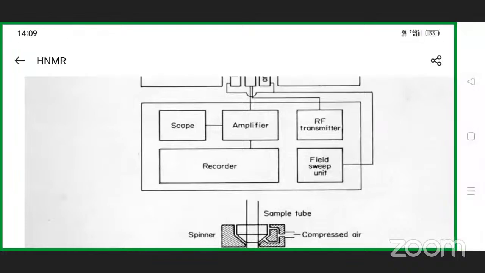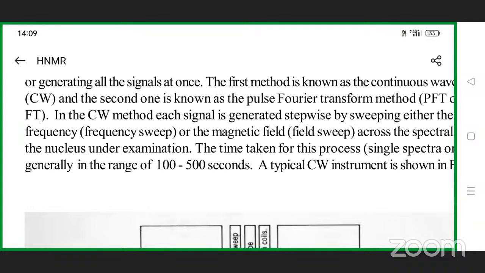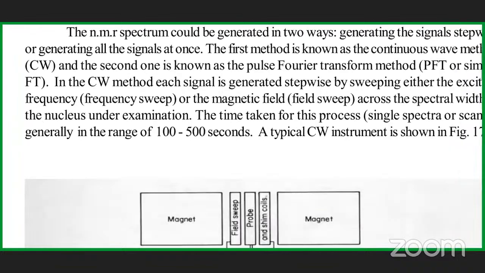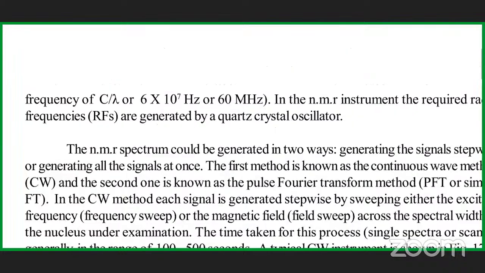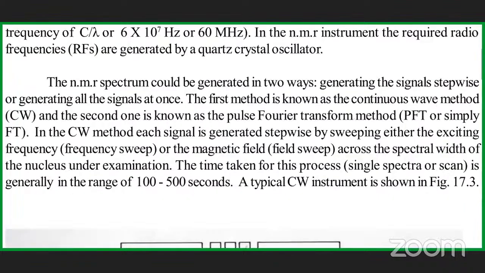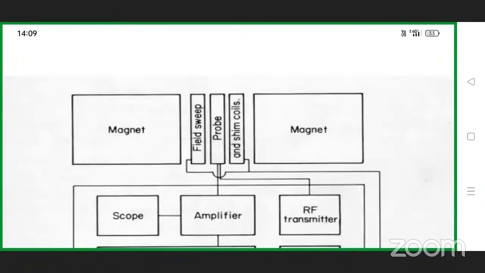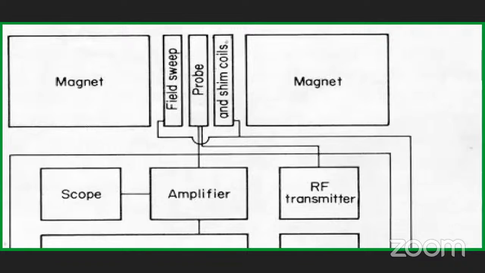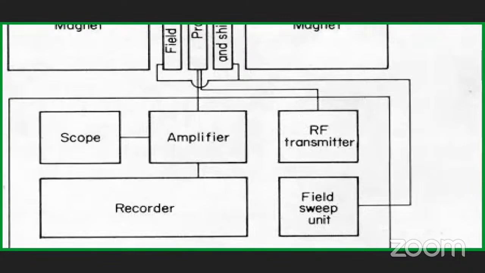If you see the instrumentation block diagram, the sample holder is located between the two magnets, magnet 1 and magnet 2. When we keep the sample in the sample holder, we apply the radio frequency.